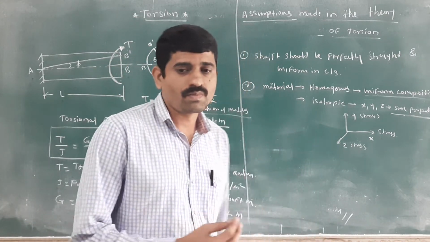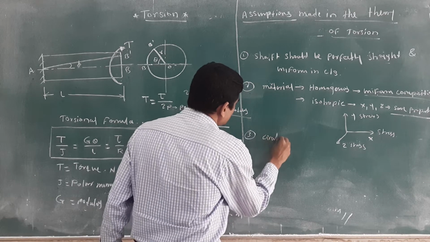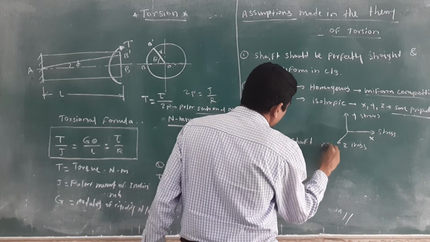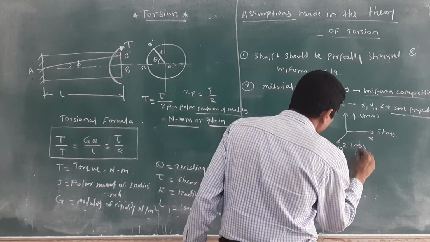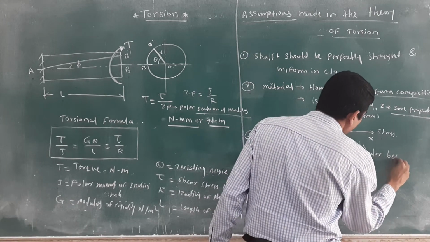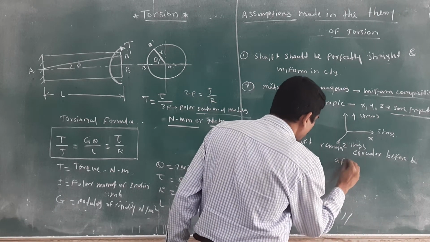Third, circular shafts remain circular. A circular shaft remains circular before and after twisting.